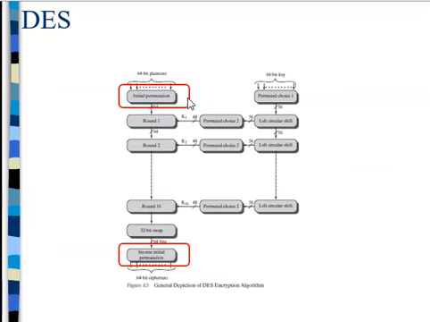After the initial permutation, we again have a 64-bit output, and this output is repeated after each round: the first round, the second round, and until the last round.